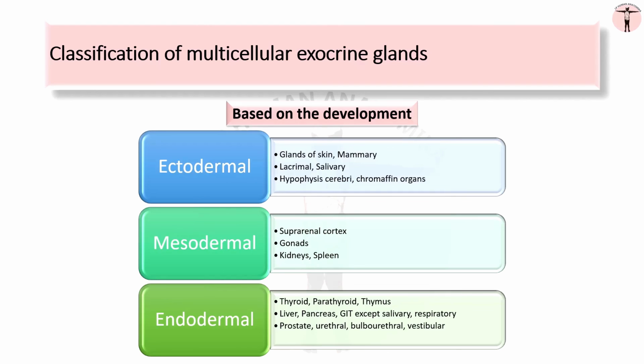Till now, we have discussed the definition and classification of epithelial glands based on the presence or absence of ducts as endocrine and exocrine glands, based on number of cells as unicellular and multicellular glands, and subclassification of multicellular exocrine glands based on the shape of the secretory portion as tubular and acinar, based on the branching of ducts as simple and compound, based on the nature of secretion as mucus and serous, based on the mechanism of releasing the product as merocrine, apocrine and holocrine, based on which germ layer it develops as ectodermal, mesodermal and endodermal glands.